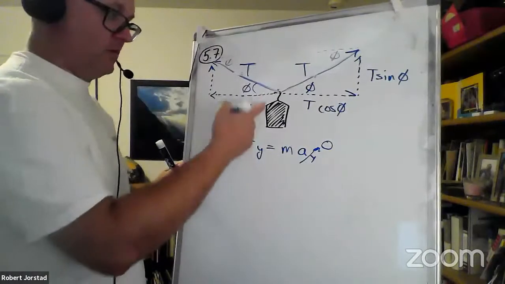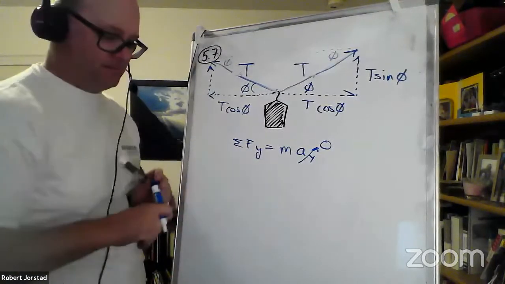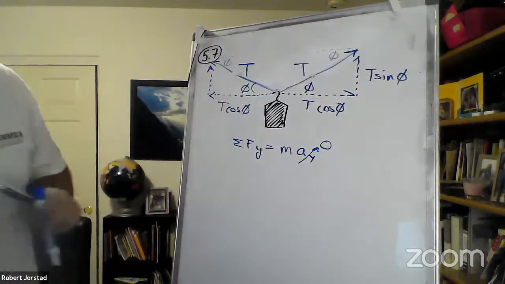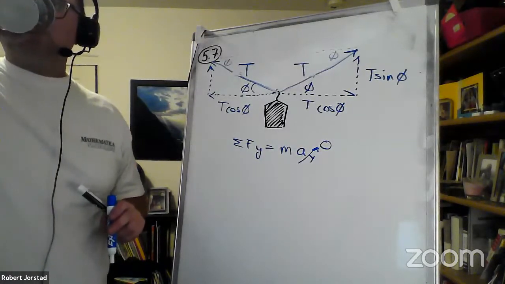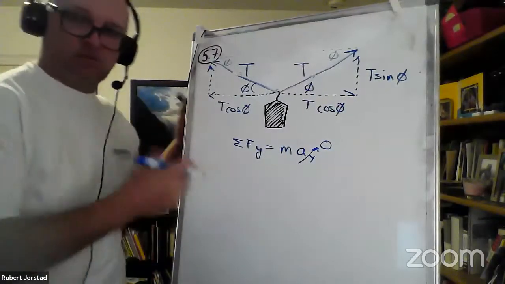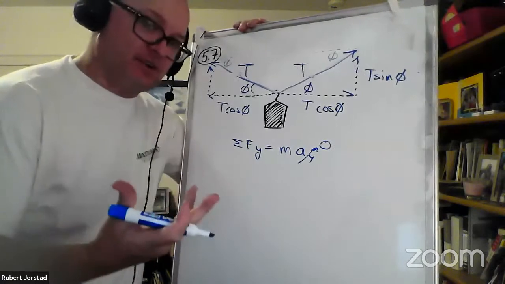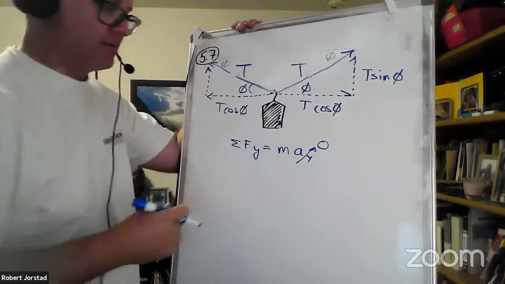So now, what are the forces upwards in this case? Somebody give me one. Is it 0 also? Oh, that's true. But what is one of the forces? They add up to 0, but there are different forces. So what's one of the forces in the vertical direction?